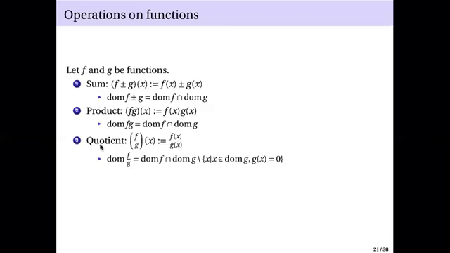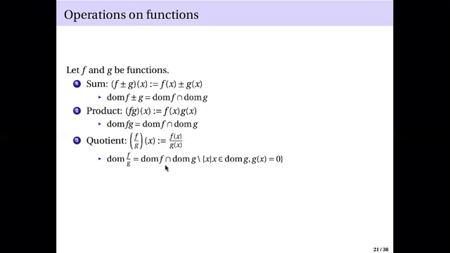Next function, quotient. The quotient f over g. F over g of x. This is obtained by dividing f of x over g of x. So the quotient f over g of x is the function obtained by dividing f of x over g of x.